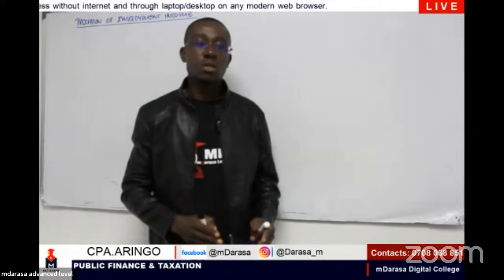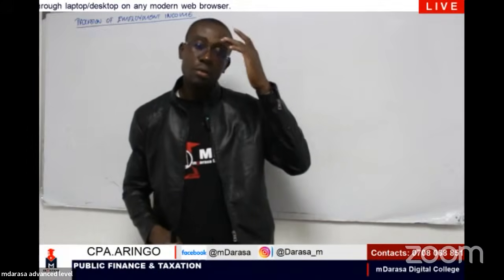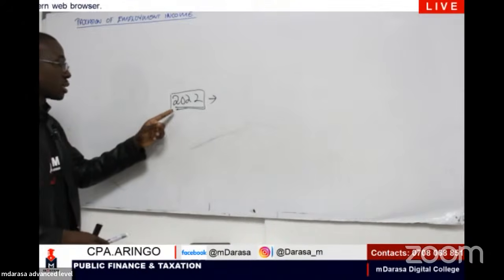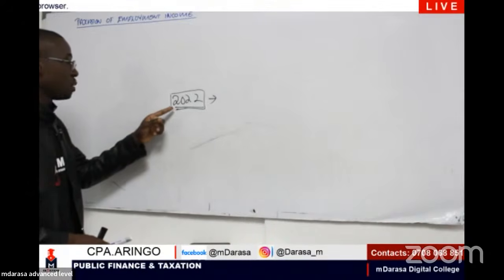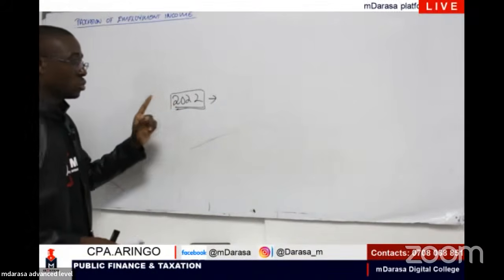The Finance Act 2023, whichever tax course you will be doing, will affect those who will be doing the papers in 2024. But for now, all that we'll be doing is going to be based on the last financial year, 2022.